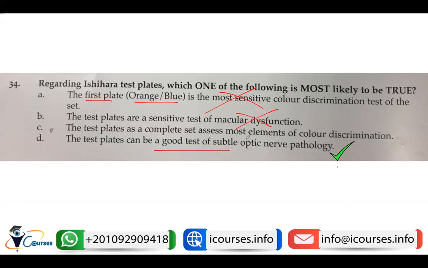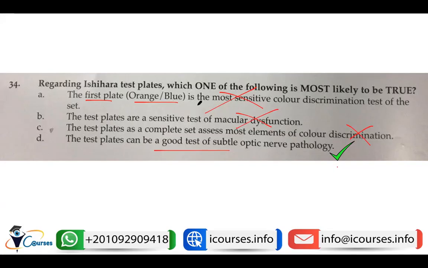Again, this is not true, because although it can appear like a true answer, the Ishihara test is a test for color perception, not color discrimination, meaning that the patient can either see or not see the color. We can't tell if the patient can discriminate between different grades of color using this test. But there are other more useful tests for color discrimination.